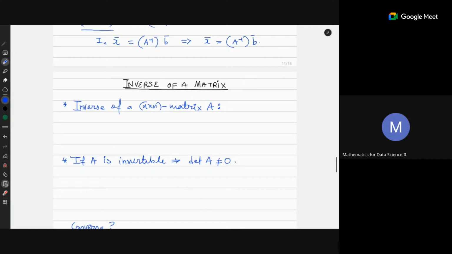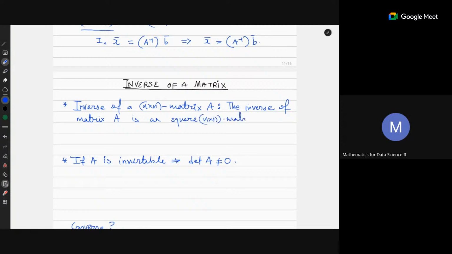So let us first recall what is the inverse of a matrix. The inverse of a square matrix, n cross n, is also a square n cross n matrix.